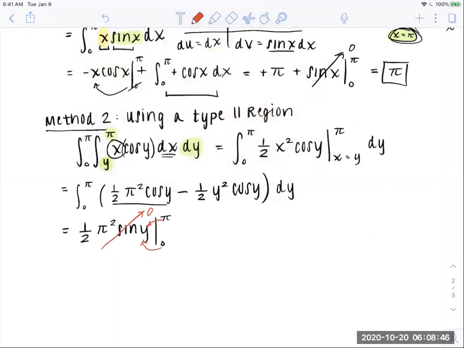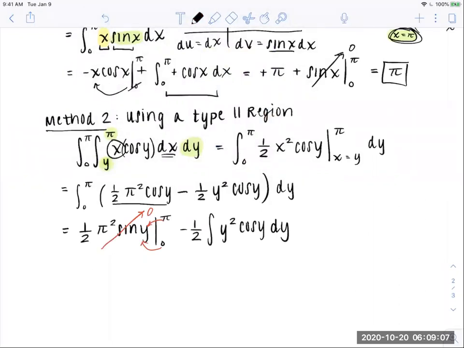So we get nothing new from this piece. However, we still have our other piece to integrate. So I'm going to write that over here. And actually, maybe I'll pull the 1/2 out front, though it doesn't particularly matter. I have y squared cosine y dy.